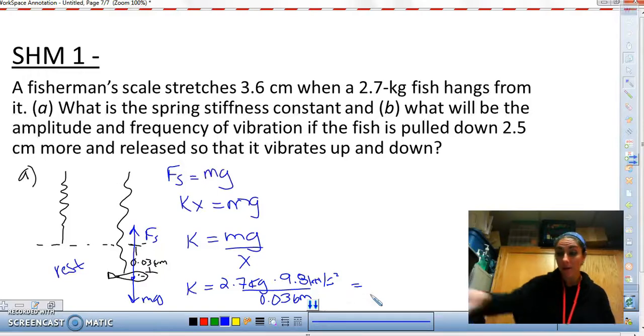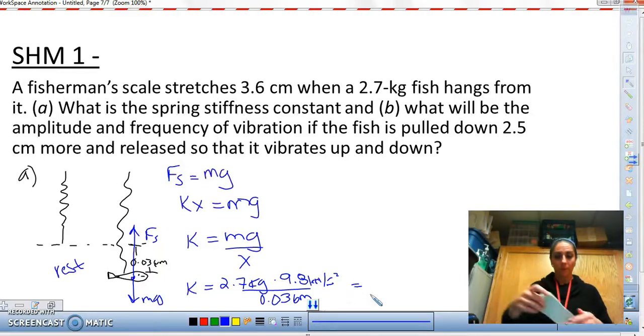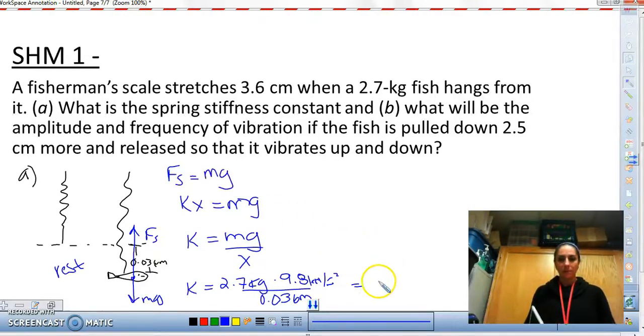So let's go ahead and calculate that. So the answer is 735.8. And the spring constant is measured in newtons per meter, like that.